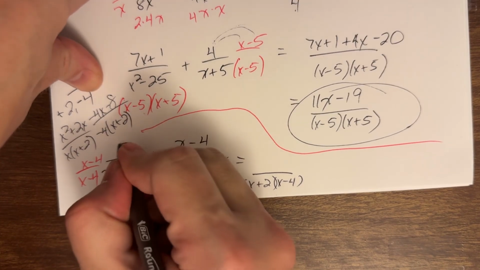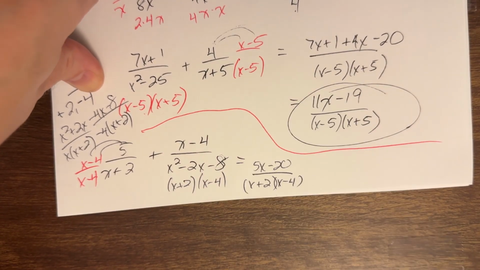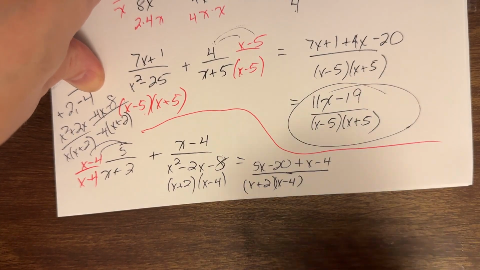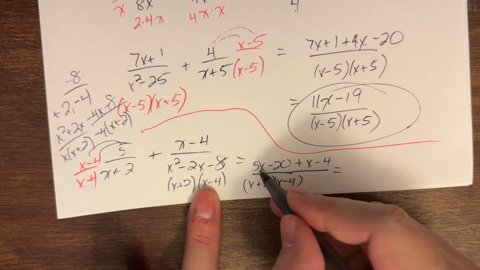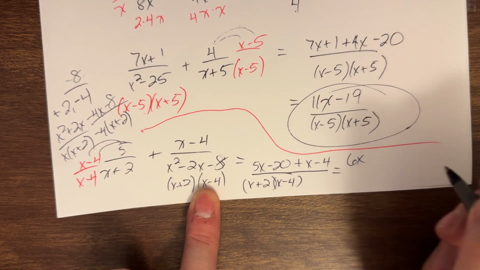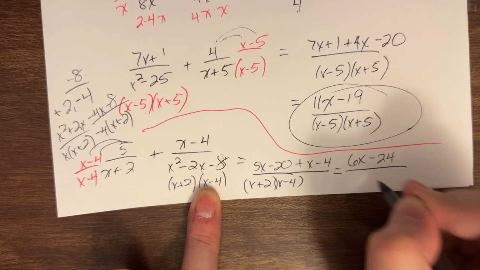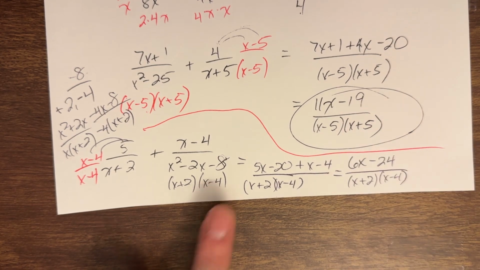Right here, distributing my 5, I get a 5x minus 20. And over here, I have that plus x minus 4. Like terms, 5x plus x is 6x. Minus 20 minus 4 is minus 24 over the x plus 2, x minus 4.